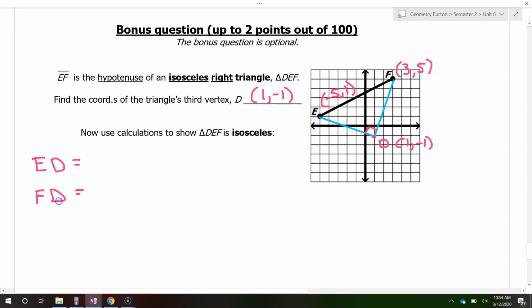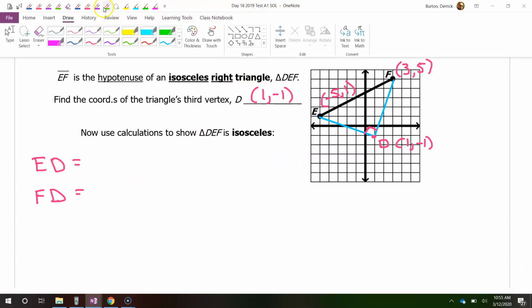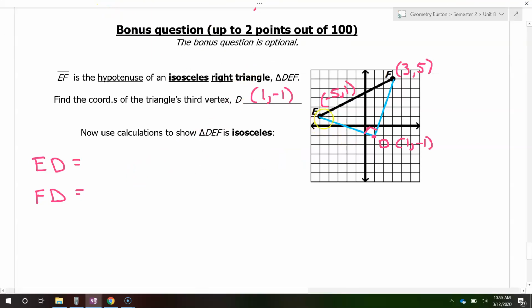If this is isosceles, then these two sides are going to have to be the same. So we would use the Pythagorean theorem probably. We could easily make a little right triangle out of this, where this blue segment is the hypotenuse. And so we have 2 and we have 6.